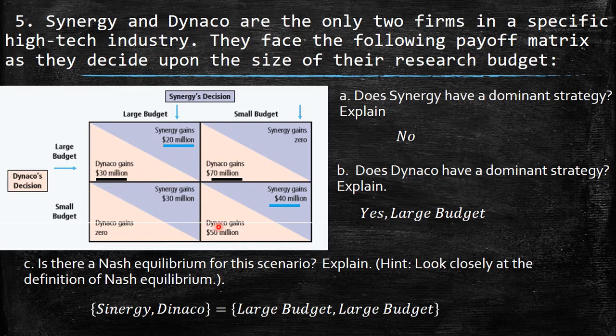Then why is this a Nash equilibrium? It looks kind of strange because before we saw that it was exactly the same payment for them, but here they don't have any incentive to move. Imagine that we are Synergy. Synergy can move, instead of offering large budget, to small, and would get 0. So definitely they don't have enough incentive to move. What about Dynaco?